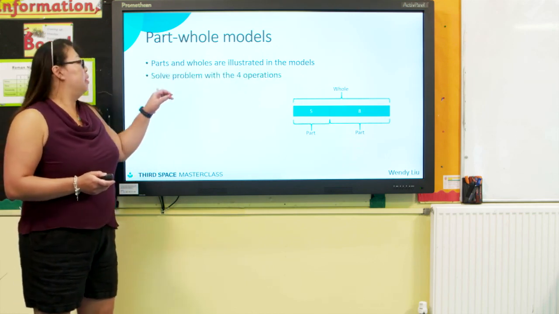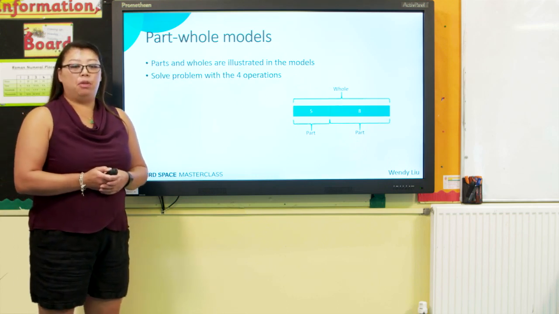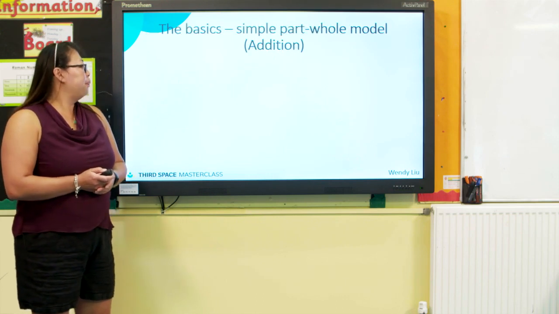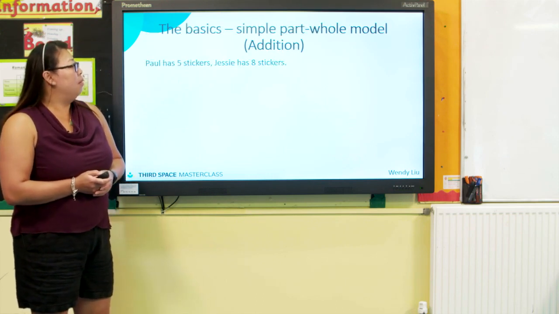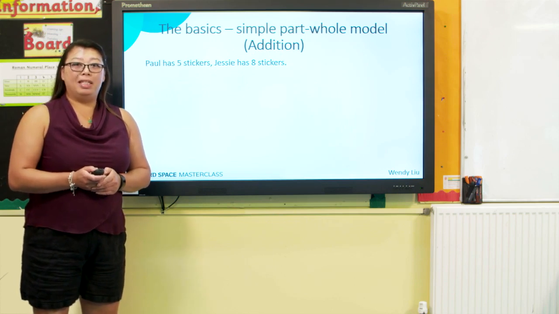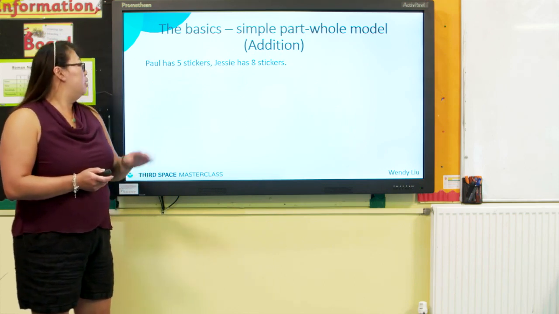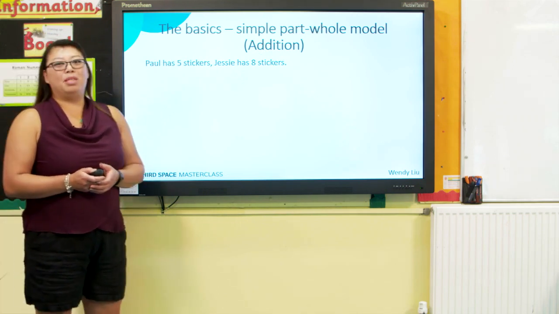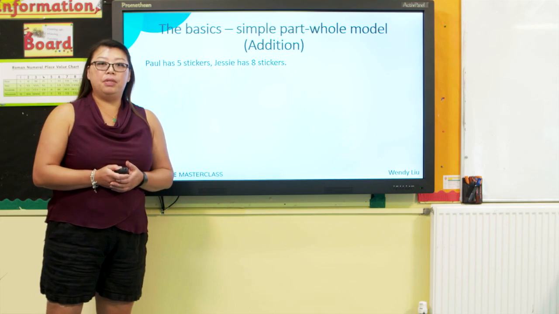Often you can solve your four operations with your bar models, as well as multi-step problems. And so here is an example of a really simple part-whole addition problem. So Paul has 5 stickers, Jessie has 8 stickers, and you might think, well, this is really, really simple. Why would I need to use a bar model here?